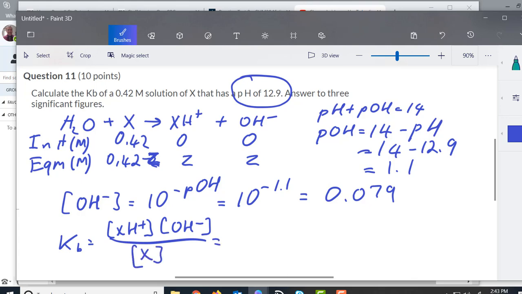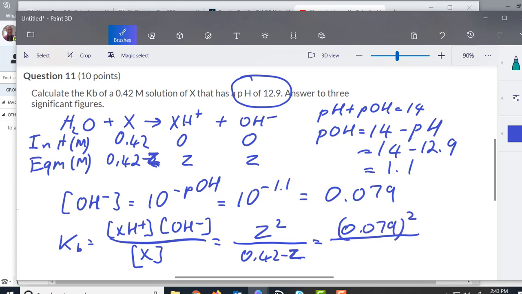We substitute in all our values. Z squared, over 0.42 minus Z, and we've got 0.079 squared on top. And down the bottom, we'll have 0.34.